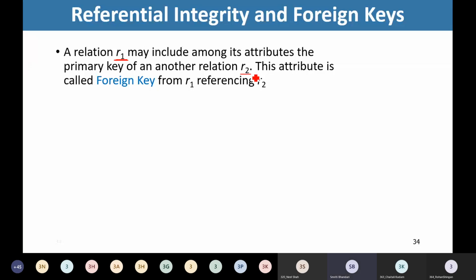Then this attribute is called the foreign key from R1, and that is referencing the relation R2.